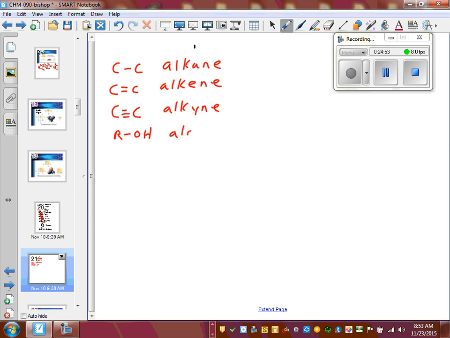If I have an R, O, and another R group, which could be the same or different than the other R group, that's an ether. If I have an R, C double bond O, R prime, that's a ketone.